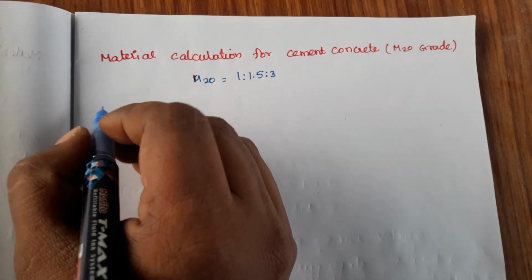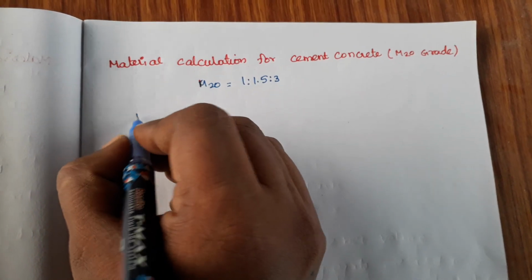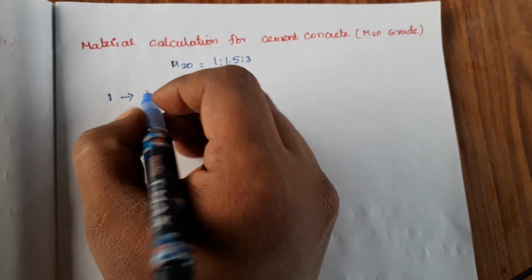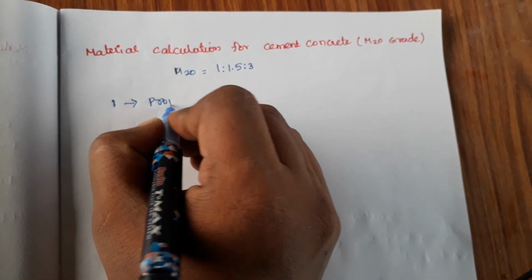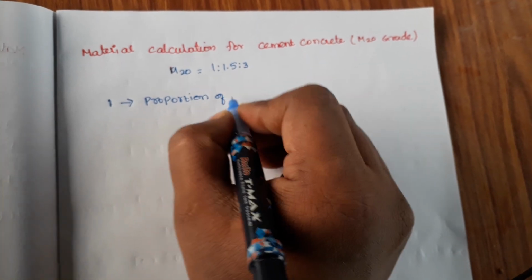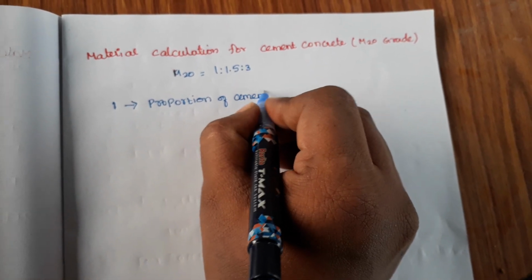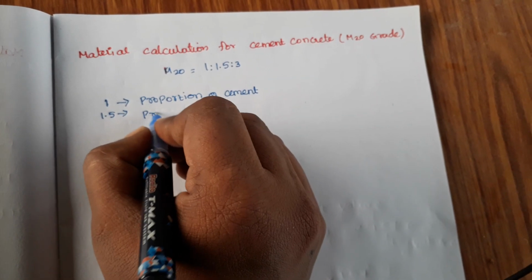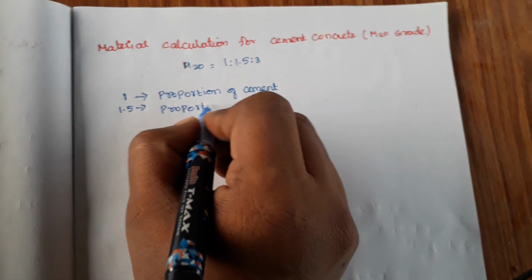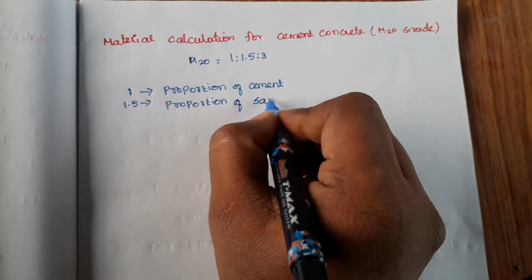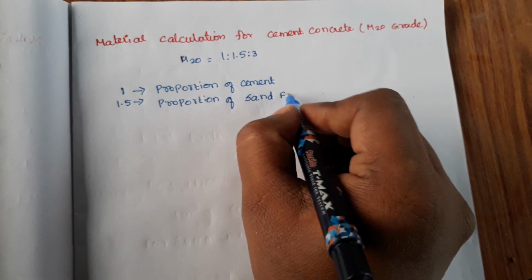So first, 1 is the proportion of cement, 1.5 is the proportion of sand, that is fine aggregate.